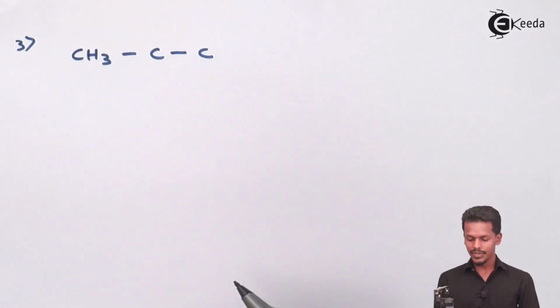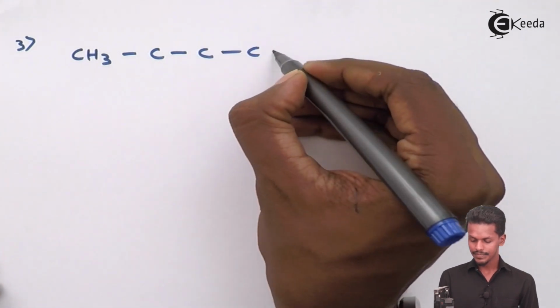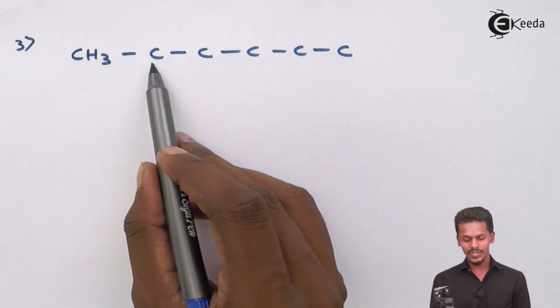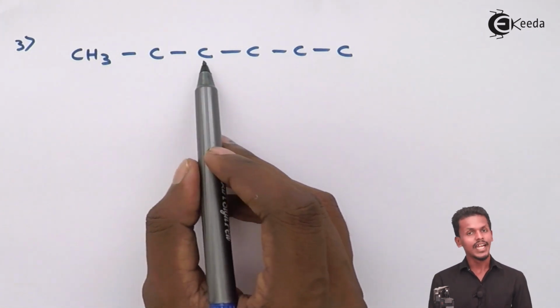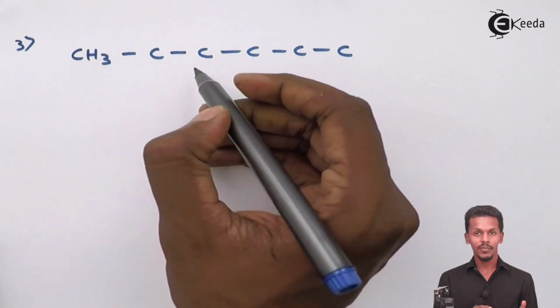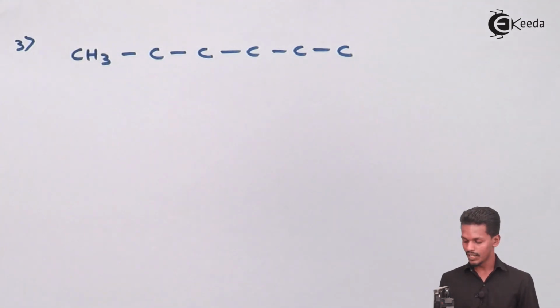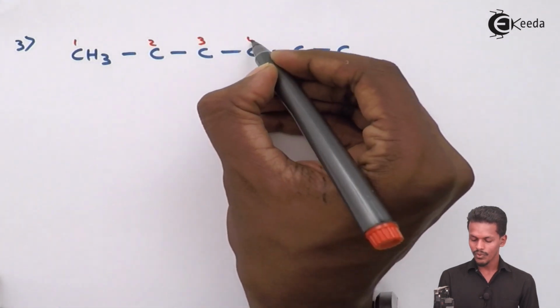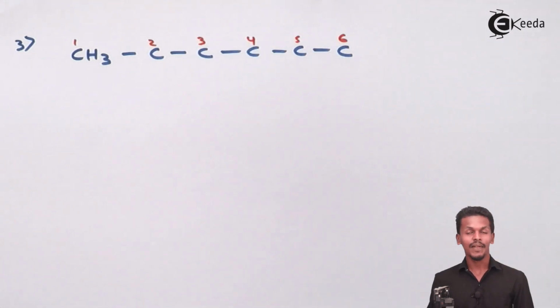So 6 carbon atoms are in a straight chain. Earlier the branch was on the second carbon atom, and now it will be on the third carbon atom if we move from left to right, numbering 1, 2, 3, 4, 5 and 6.